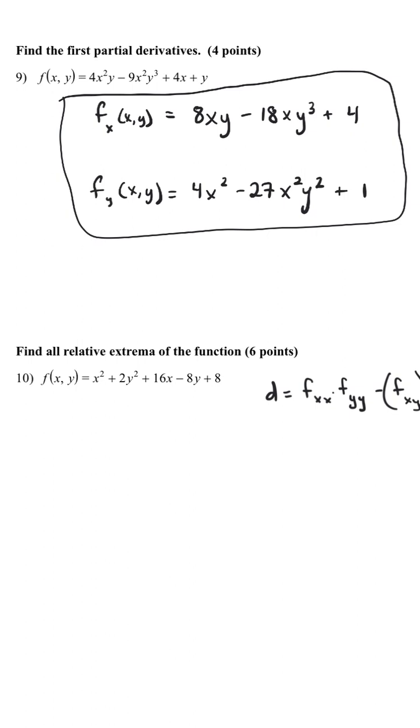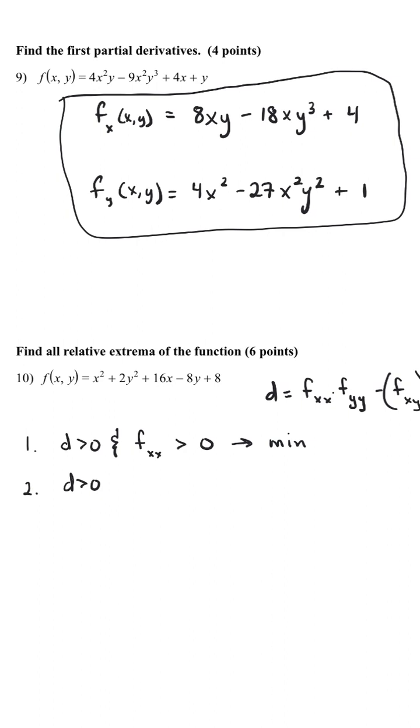The other thing you'll need to know is, depending on the value of d, what does that mean? There were 3 criteria. If d is bigger than 0 and this second partial derivative is greater than 0, then your critical point is a minimum.